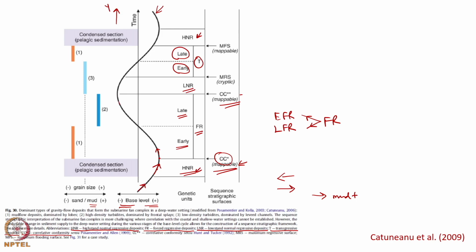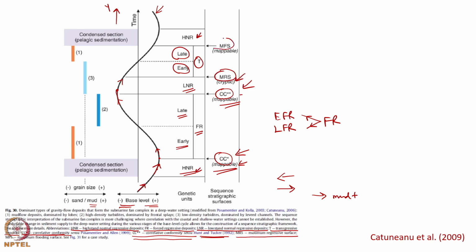And here also, at this point where the curve changes from a sea level fall to a sea level rise, is also marked as CC star. This CC double star is as per one author, and this CC star is as per another author. MRS is the maximum regressive surface, which can be cryptic.